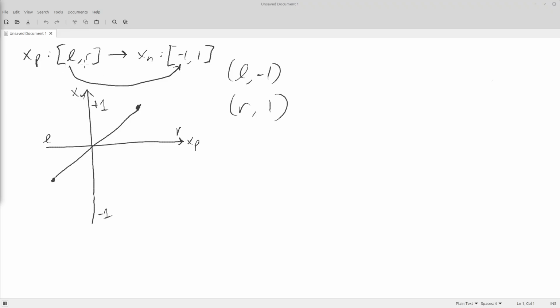It's a mapping between these values to these values, and we can use these two pairs of values as a way to calculate what the actual equation of this line is.